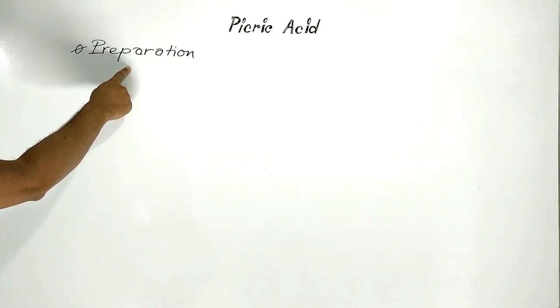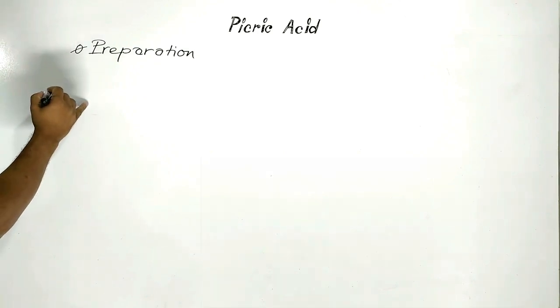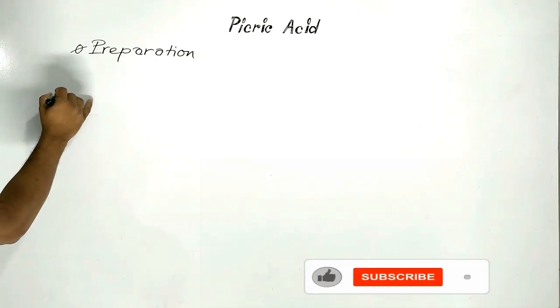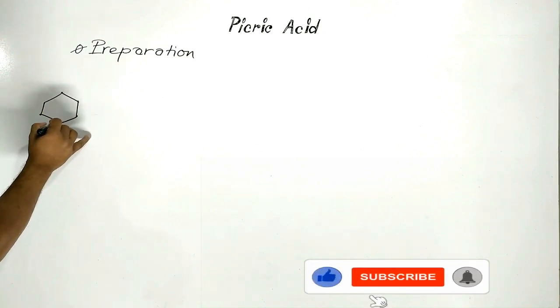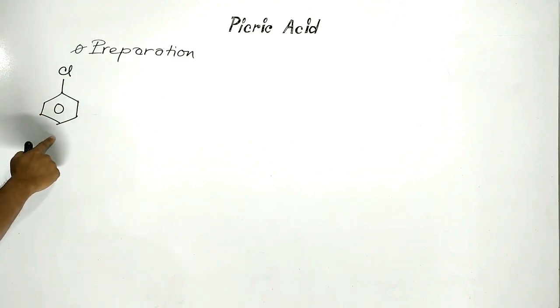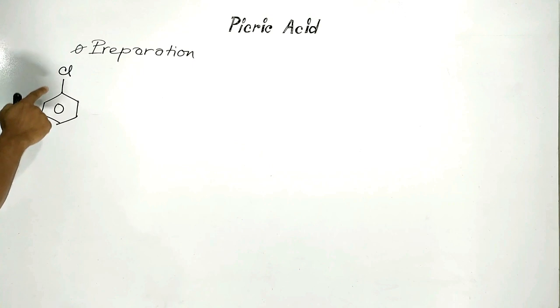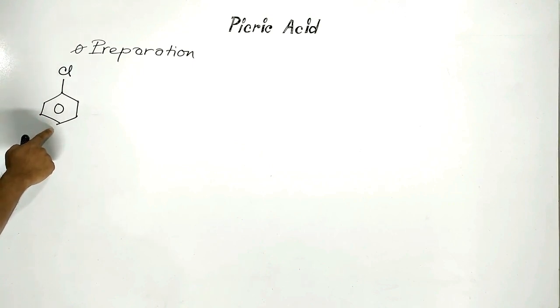Preparation of picric acid. Let us see preparation of picric acid from chlorobenzene. Chlorine is a kind of benzene ring activating group.